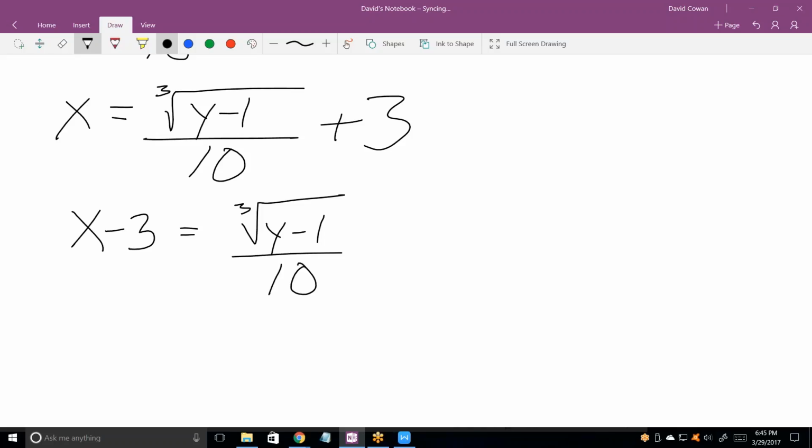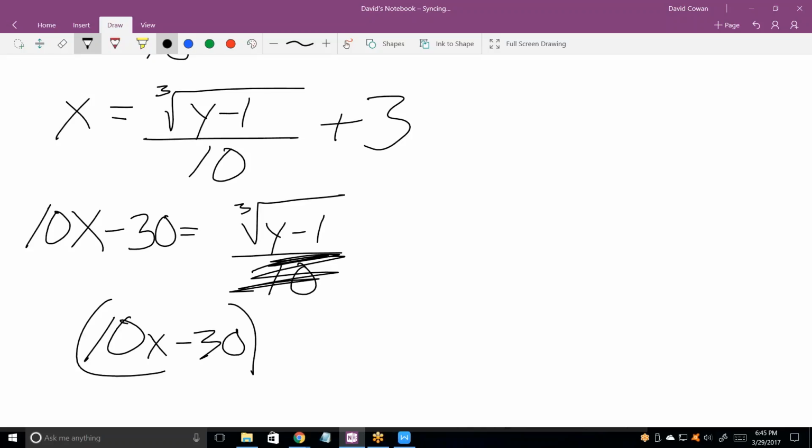Next step? Times both sides by 10. So that's 10x minus 30. Next step? Cube both sides. So 10x minus 30 cubed equals y minus 1.